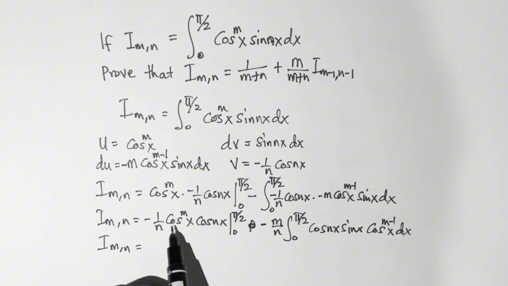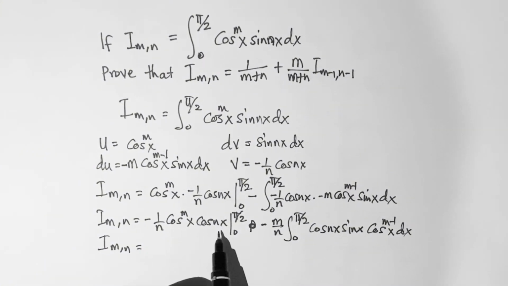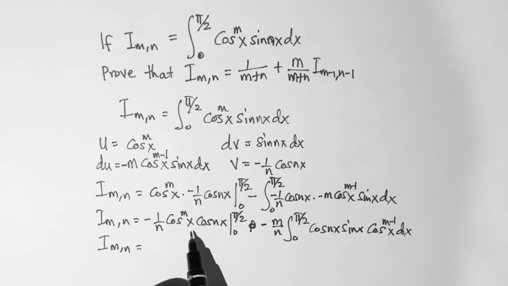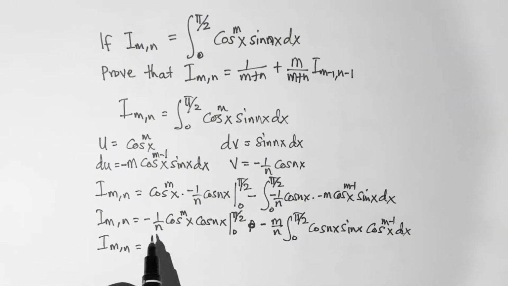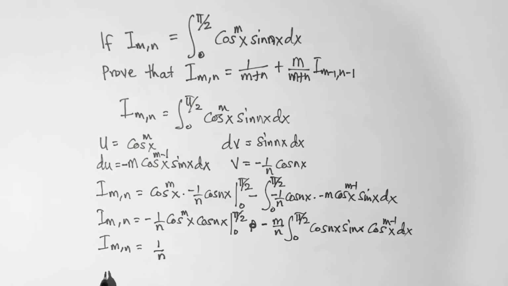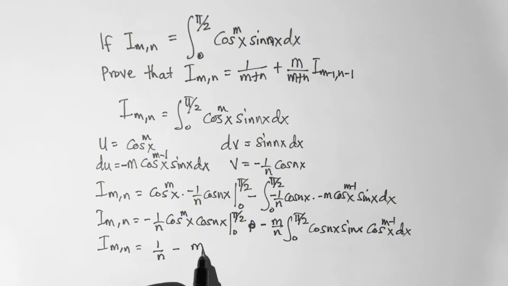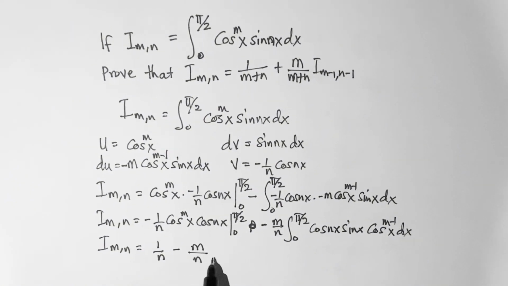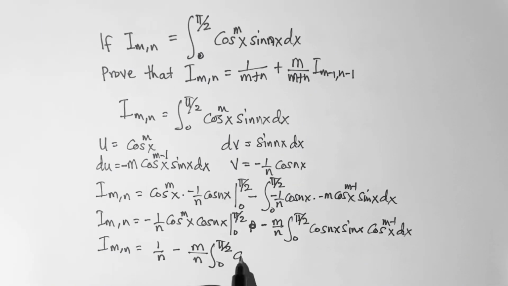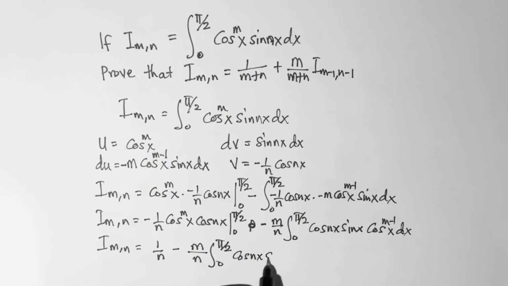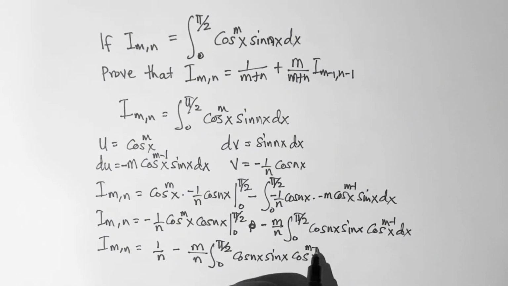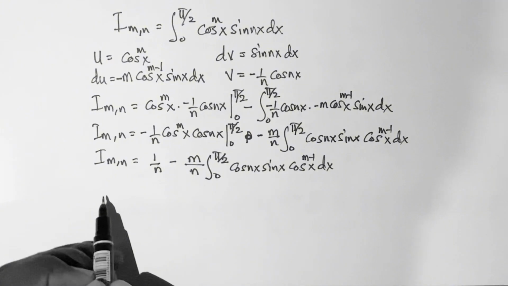If you put in pi over 2, cos pi over 2 is 0. And then if you put in 0, cos 0 is 1. So here is only left with 1 over n. Then minus m over n, integral of 0 to pi over 2 cos nx sine x and cos x exponent m minus 1 dx. So let's do this expansion.